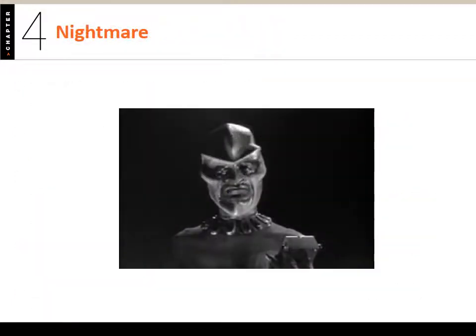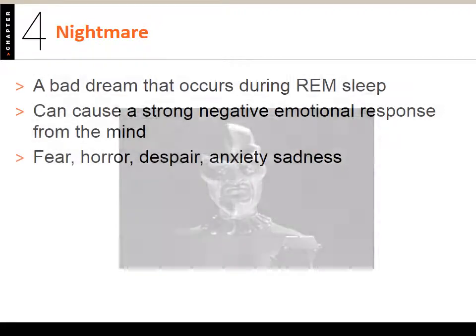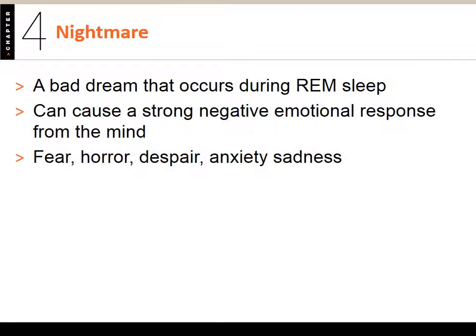Okay, let's talk about nightmares here, because we all have them. A nightmare is a bad dream that occurs during REM sleep. It can cause a very strong negative emotional response from the mind, and it can lead to fear, horror, despair, anxiety, and sadness. I know everybody I'm talking to here, you probably have nightmares.